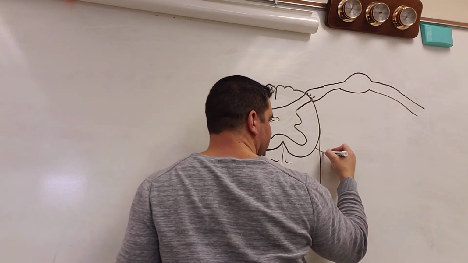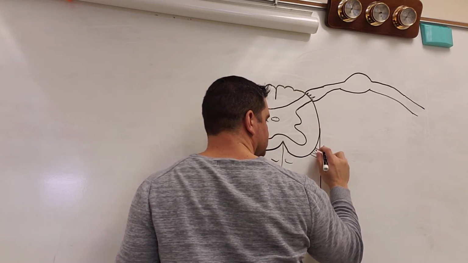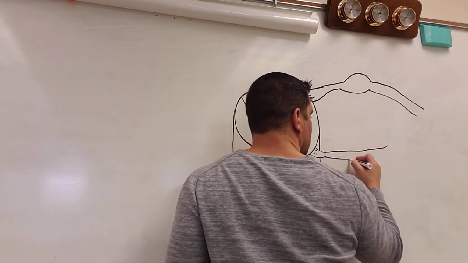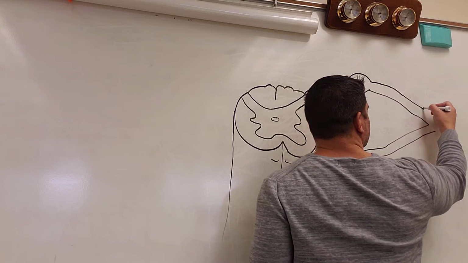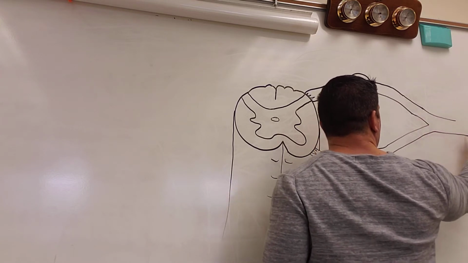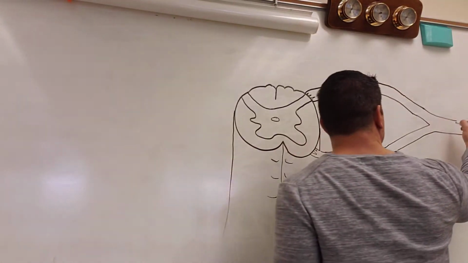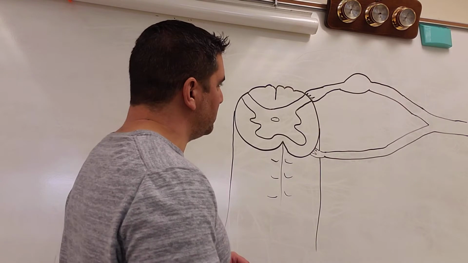So we've got our ventral rootlets here, becoming the ventral root. And then the ventral root is going to combine with the dorsal root and become the spinal nerve as it exits through the intervertebral foramen. Okay? Let's go over some basics here.